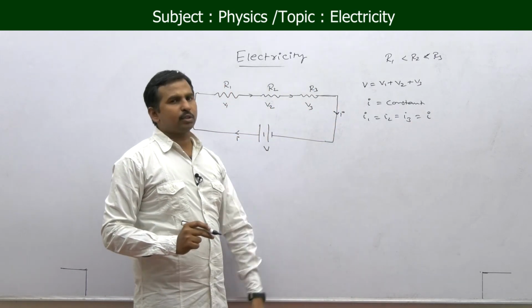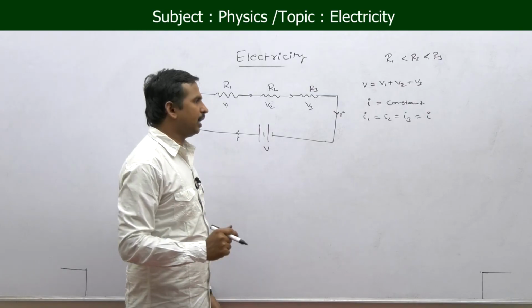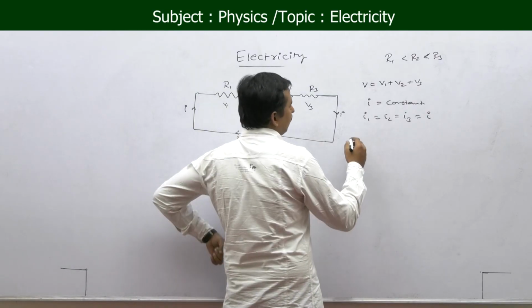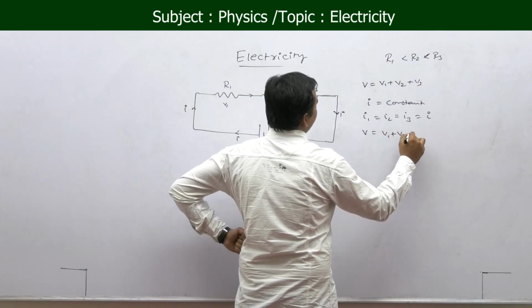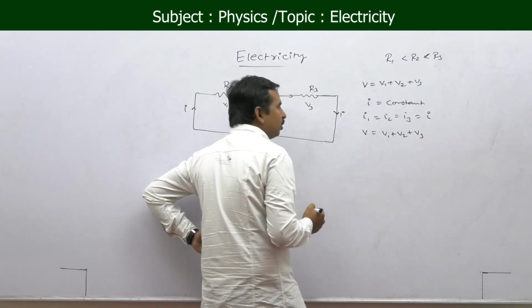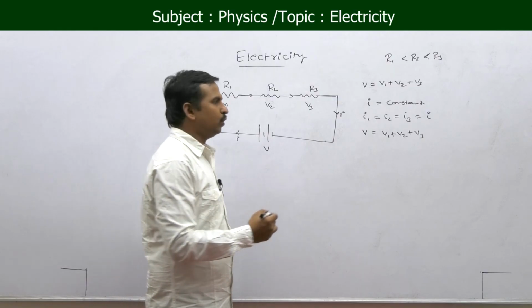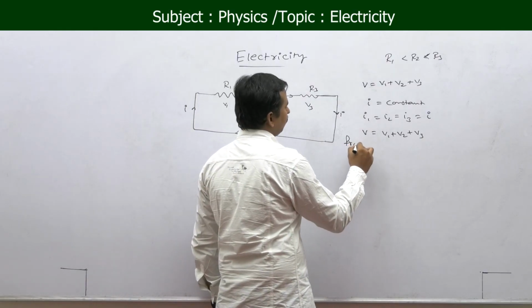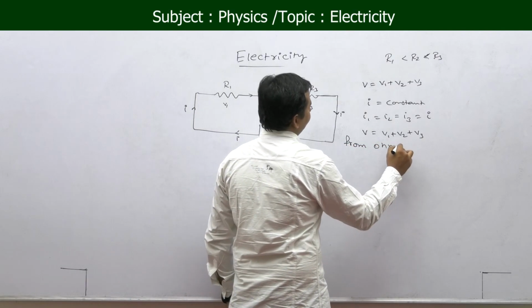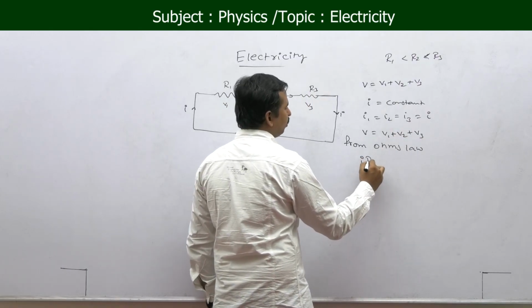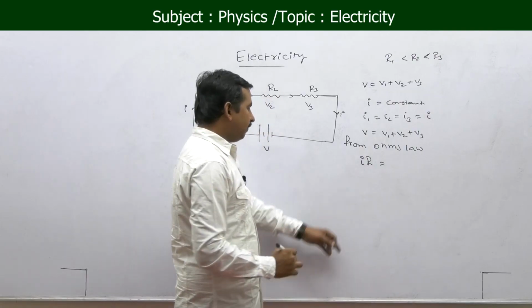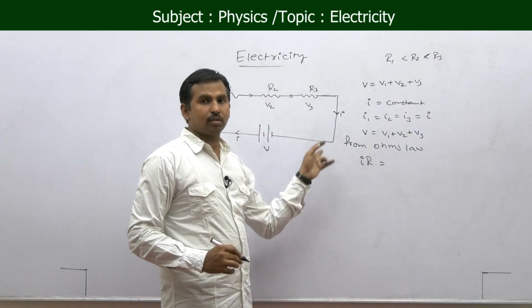Now, coming to the case of resistance, as the resistances are different, if you substitute V is equal to V1 plus V2 plus V3, and we know that according to Ohm's law, V is equal to IR, then I into R is equal to, where this R is the equivalent resistance we are taking.